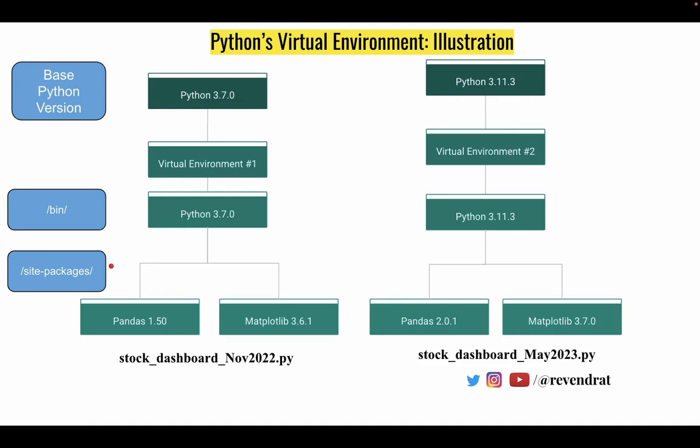There is a site-packages directory that contains pandas 1.5 and matplotlib 3.6.1. Using these packages and the interpreter, you wrote the Python code to meet the requirements and saved it in this .py file. You deployed the entire virtual environment to production.